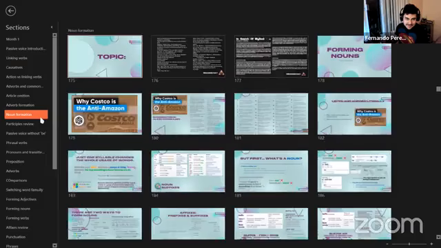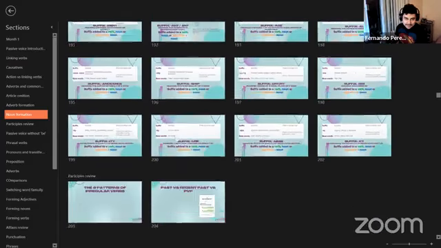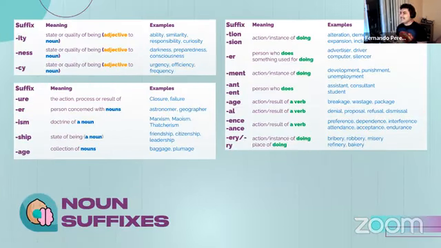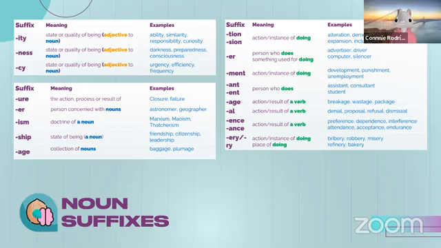Let's remember this. We take the name citizen and we transform it into a noun. I don't remember, sorry.